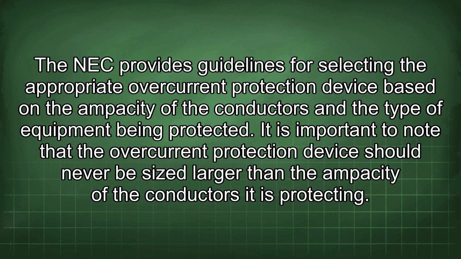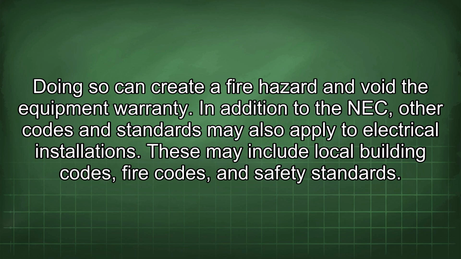The NEC provides guidelines for selecting the appropriate overcurrent protection device based on the ampacity of the conductors and the type of equipment being protected. It is important to note that the overcurrent protection device should never be sized larger than the ampacity of the conductors it is protecting. Doing so can create a fire hazard and void the equipment warranty.